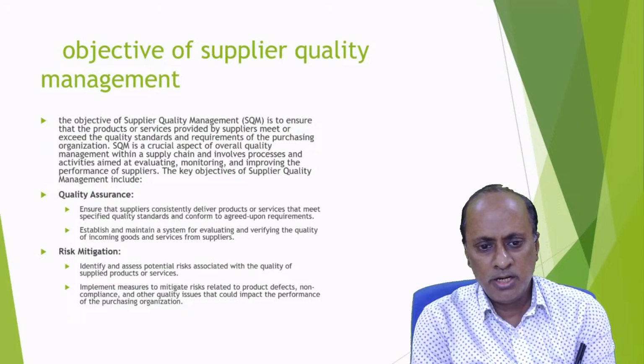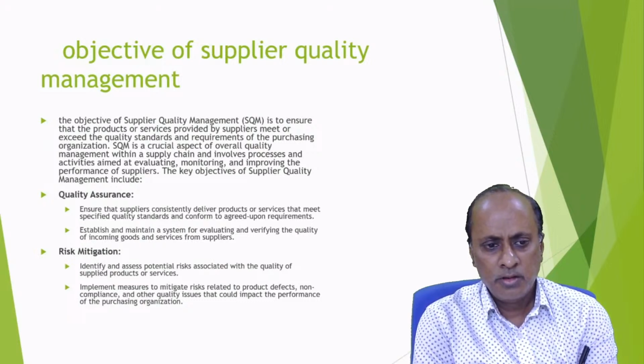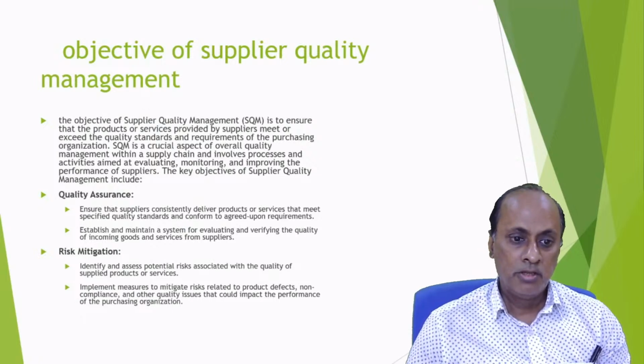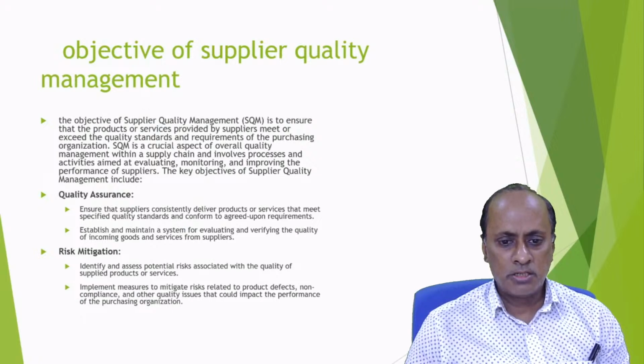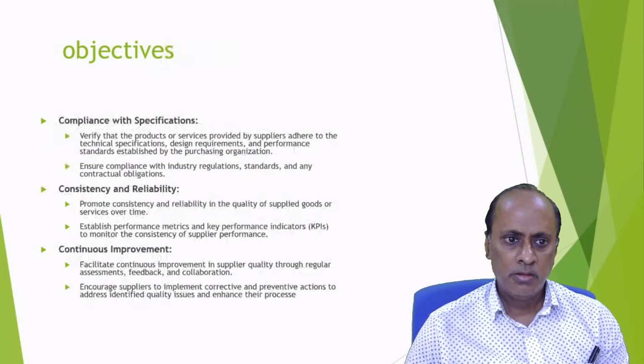Implement measures to mitigate risk related to product defects, non-compliance, and other quality issues that could impact the performance of the purchasing organizations. So the objective is to implement measures to overcome the product defects, non-compliance, and other quality issues.